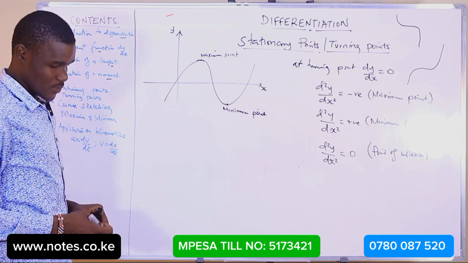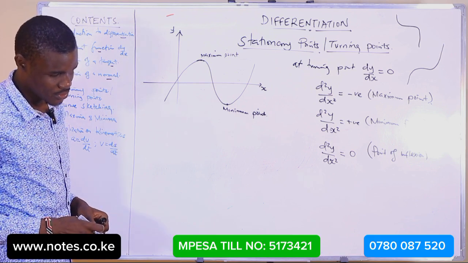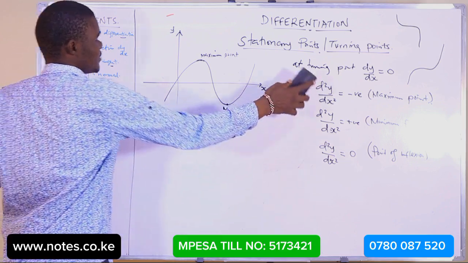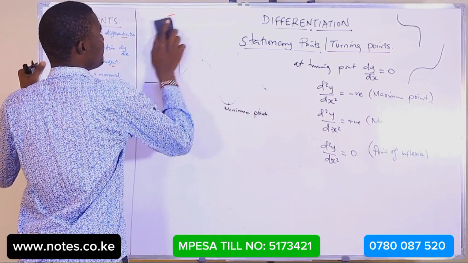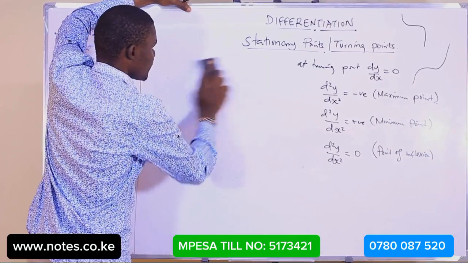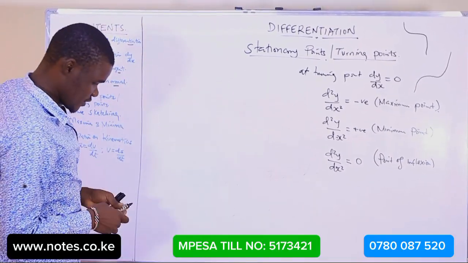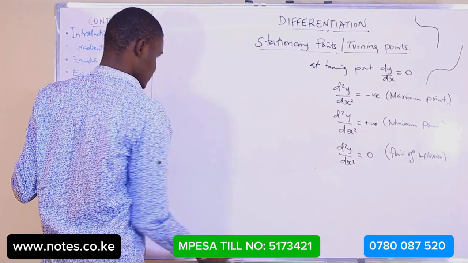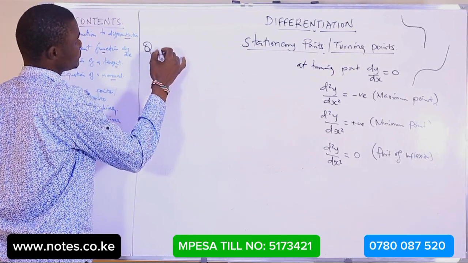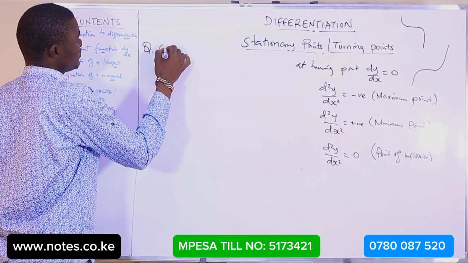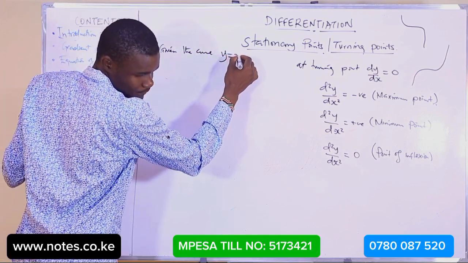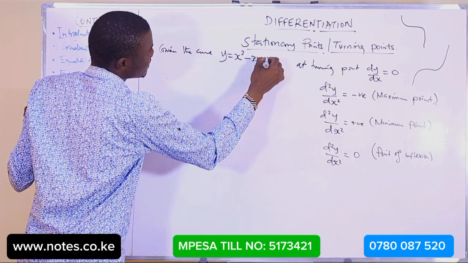So let us look at an example. Let me rub this now. This one is important, so let me rub this and then we do an example. Given a question, for example, you can be given the curve y equals x cubed minus 3x plus 2.